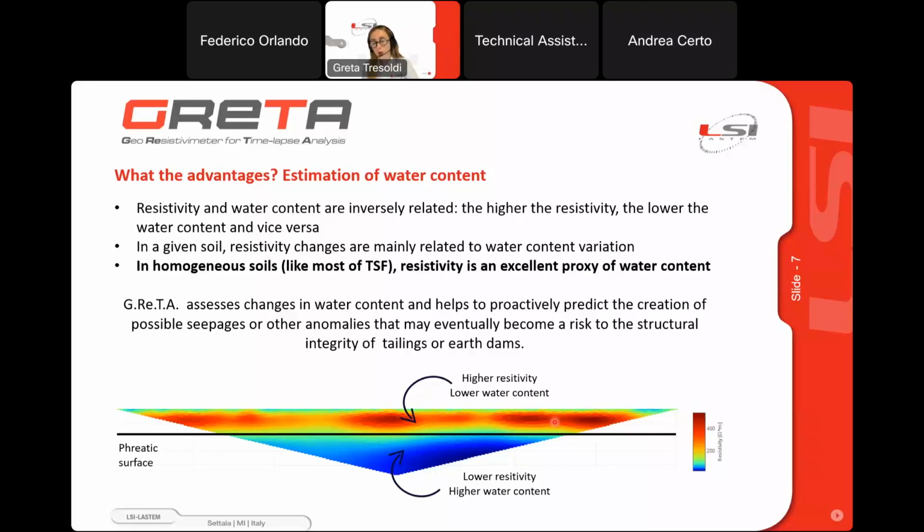It means lower water content, so the resistivity is inversely related to water content. In this bottom part, we have these blue values, really, really low resistivity. It means that here we have higher water content. And here we can easily identify the phreatic surface that is the boundary between these two areas.